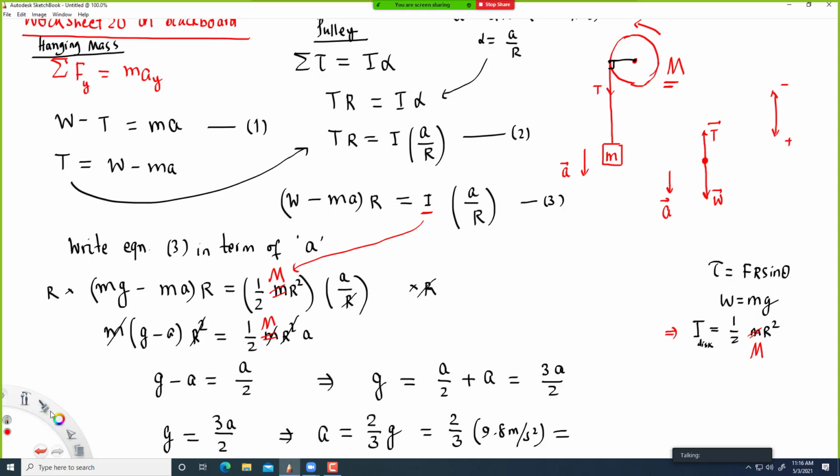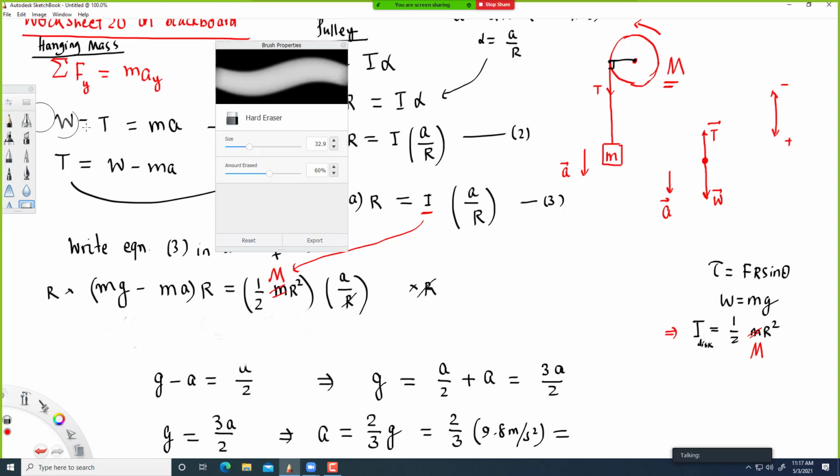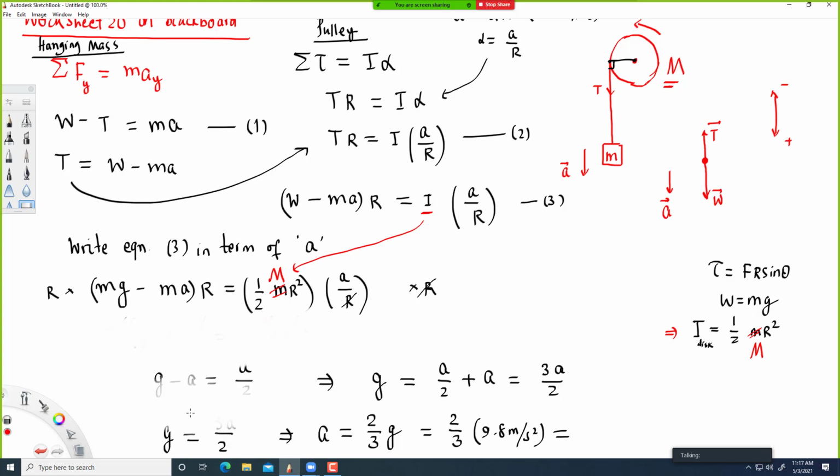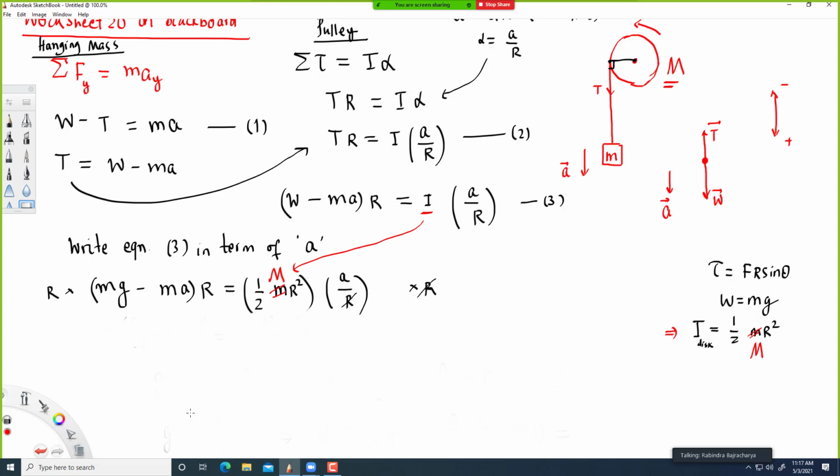Let me erase that. I'll redo from here. The I is the same here, except I just messed up the two masses.